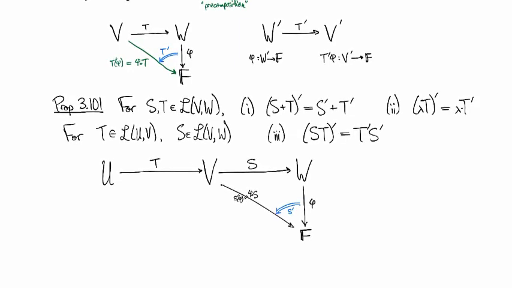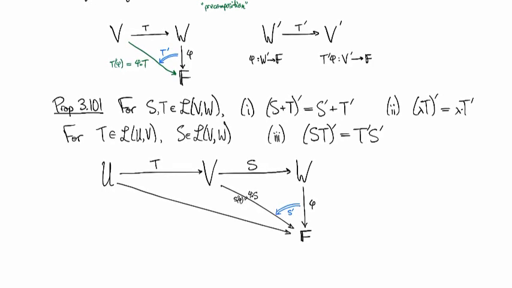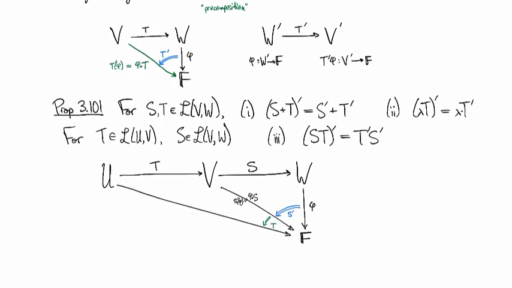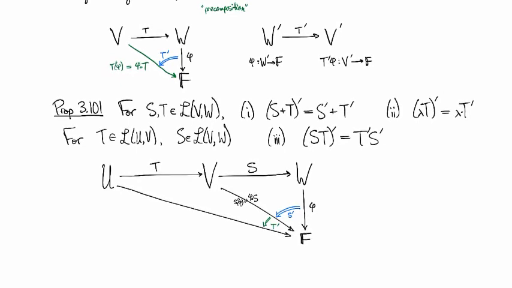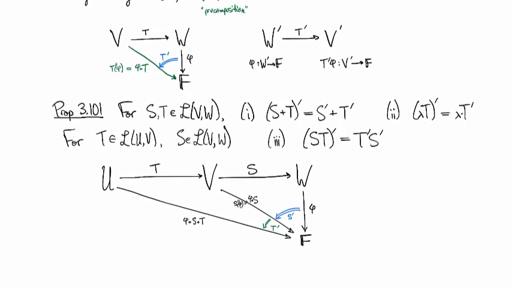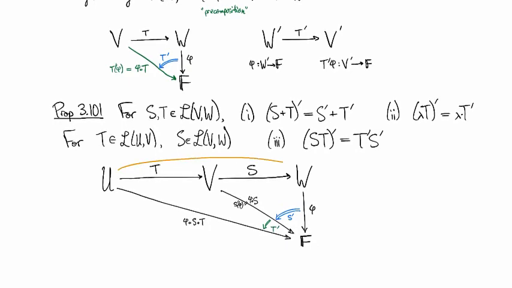And so there's our picture of what S prime is doing. And then we can play the same game again and pull it back all the way to something going from U to F by precomposing also with T. And so now here we've got phi of S of T on the end. And so then what the theorem is looking at is, what happens if we look at the composition across the top right here?